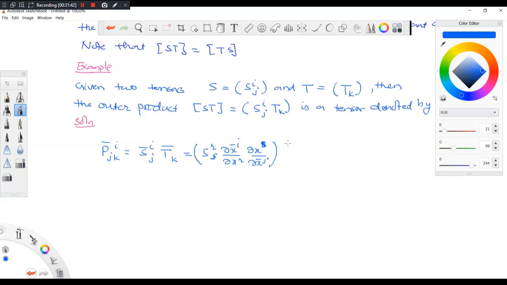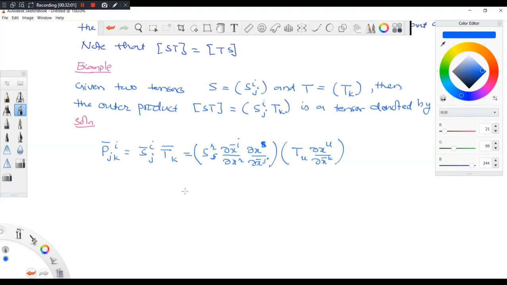And T bar k is T_U del x U by del x bar k. So by the tensor transformation law, this is given by this and this.